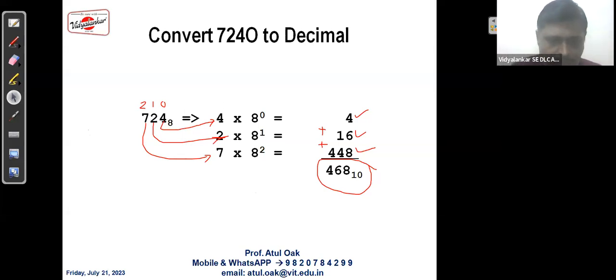Activity is convert 15 decimal in binary. Let me check who can provide me the very fast answer. 15 decimal in binary. I'm waiting for your answers.